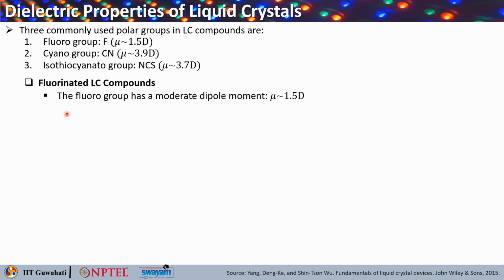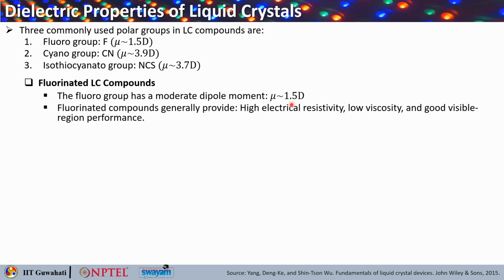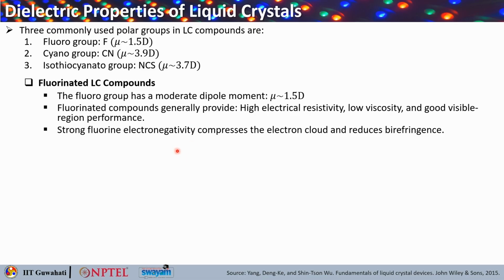Now, if you consider the fluorinated liquid crystal, they have moderate dipole moment which we have discussed. These fluorinated compounds generally provide high electrical resistivity, low viscosity, and good visible region performance. And the strong fluorine electronegativity compresses the electron cloud, and that reduces the birefringence.